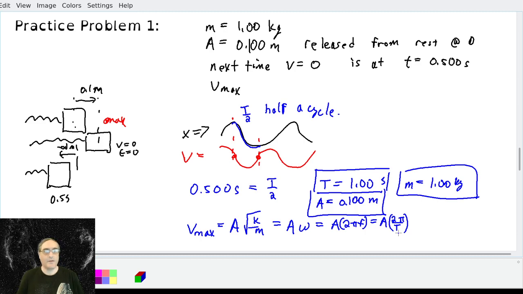We know A, we know period, 2 pi is a constant, so we should be able to find our answer here. 0.1 divided by 1 is trivial. 0.1 times pi is going to be 0.3145. Times 2 is 0.628, basically. So 0.628, and units are meters per second.